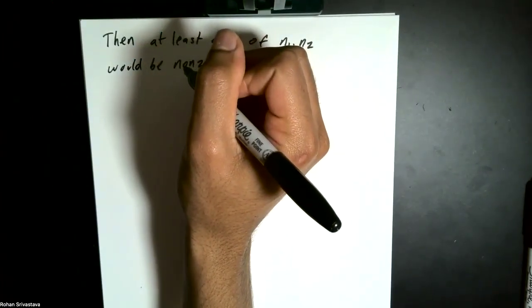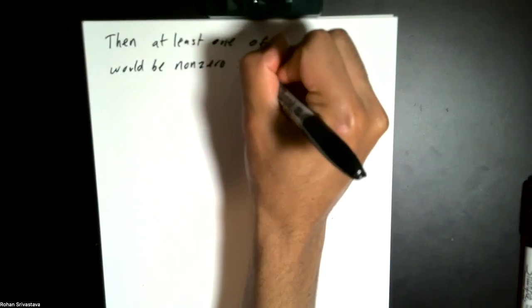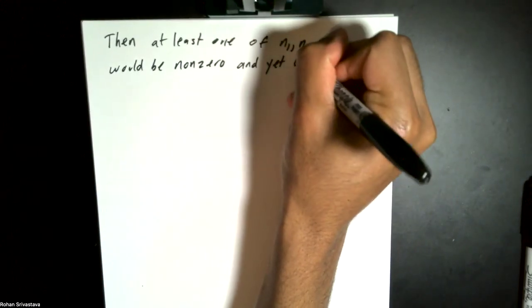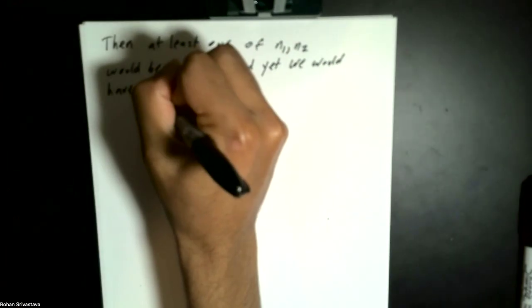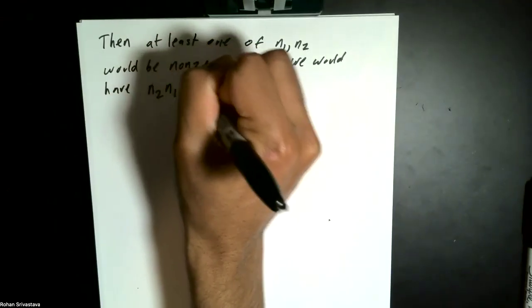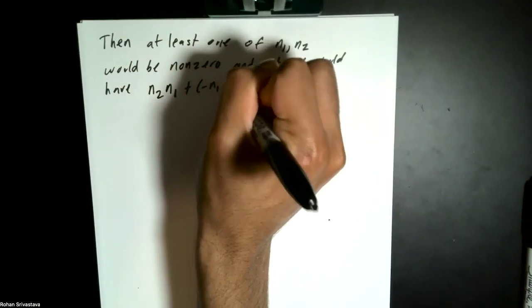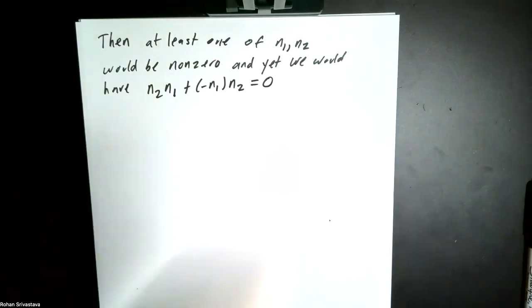And yet we would have n2 times n1 plus negative n1 times n2 equals 0, right?